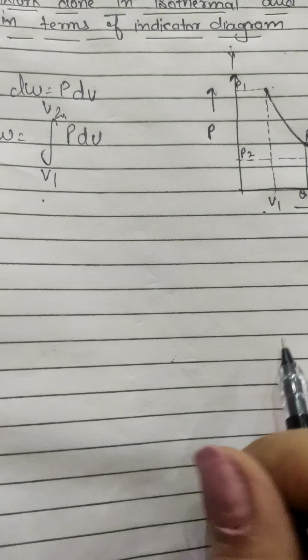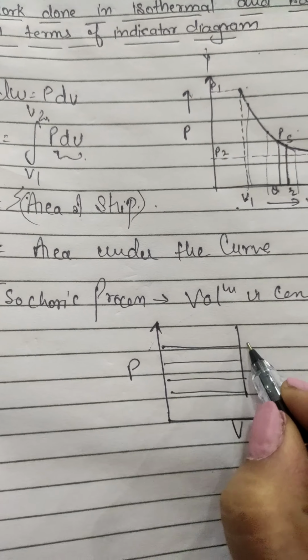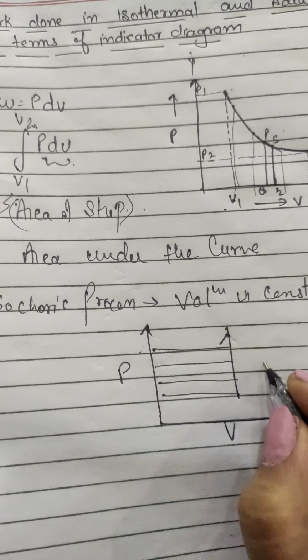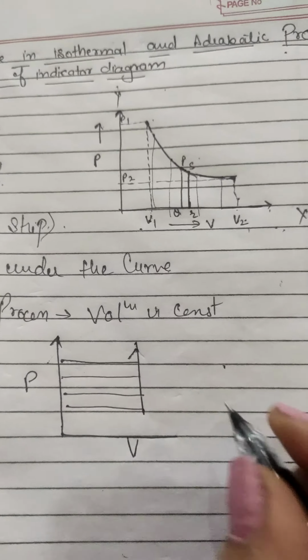If we draw the graph for the isochoric process, P and V, since volume is constant, whatever the pressure is changing, the volume remains the same. So the graph will be a vertical line, parallel to the pressure axis.